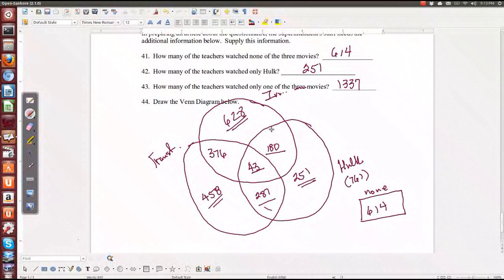So even though question 44, which tells us to draw the Venn diagram, is our last question on the page, that's so we have room to draw the Venn diagram, to use that information to answer questions 41, 42, and 43.